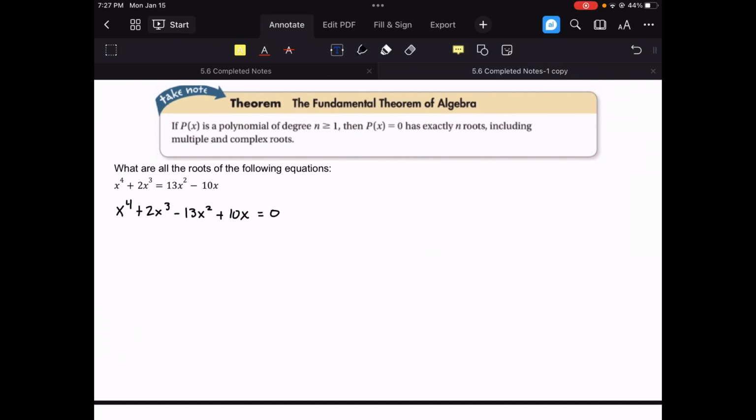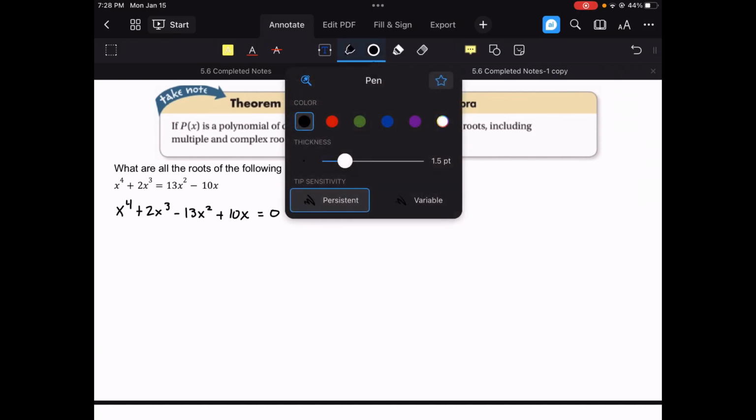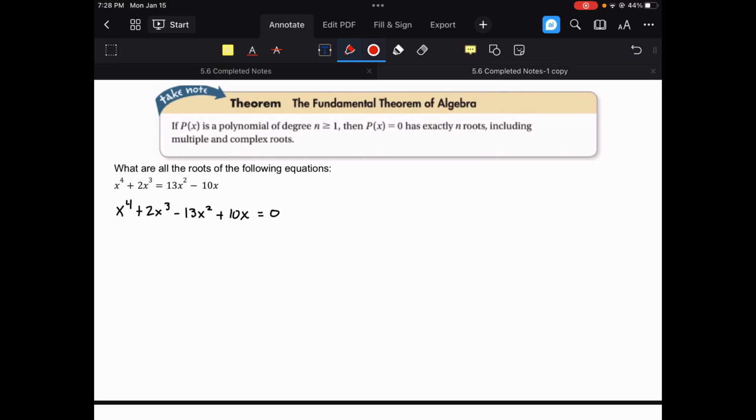This one's going to be a little different than some of the other examples, because right now I can see that there is a GCF amongst all four of these terms. So I can factor out a GCF of x from each one. I've got x cubed plus 2x squared minus 13x plus 10 equals 0.